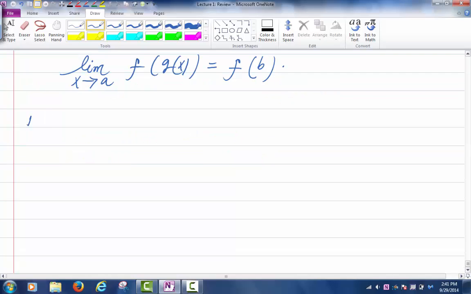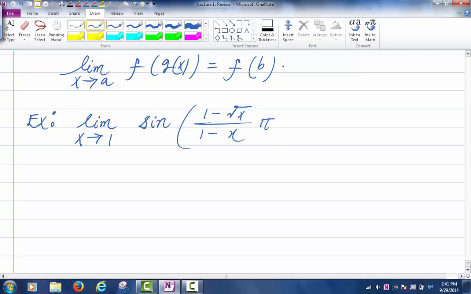So here's an example to illustrate that. Suppose I take the limit as x goes to 1 of sine of pi times (1 minus root x) divided by (1 minus x). So I have to take the limit of this function as x goes to 1.